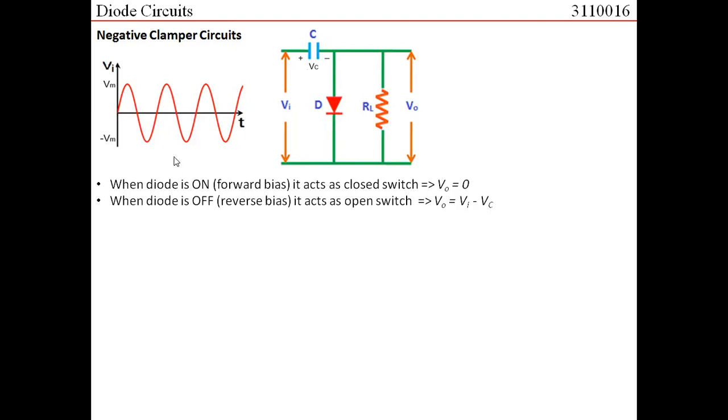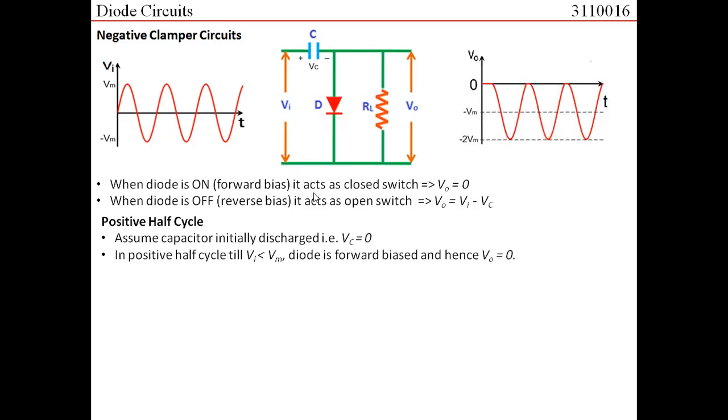Now let us try to look at this in context with the input voltage applied. Let us try to take the positive half cycle first. Let us assume that the capacitor initially is 0, so the value of Vc is equal to 0. Now, in the positive half cycle, this terminal is assumed to be positive, this terminal is assumed to be negative. Right?